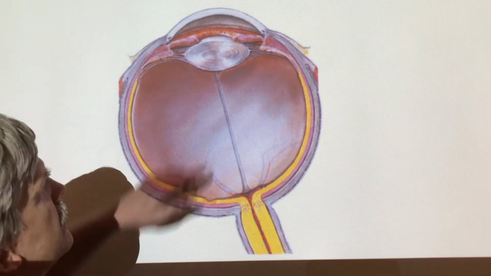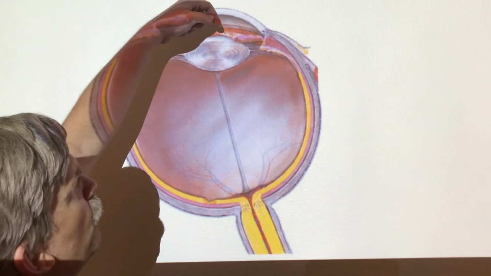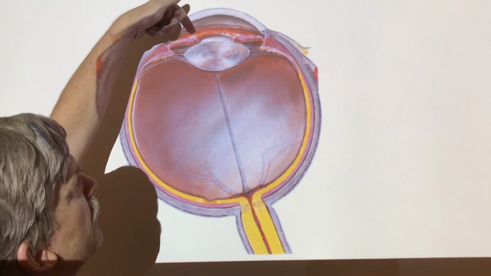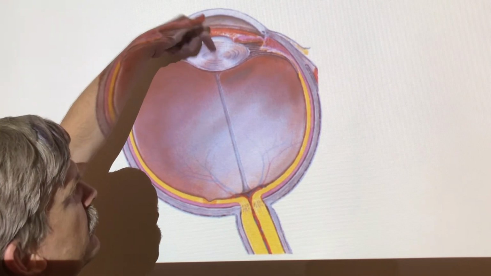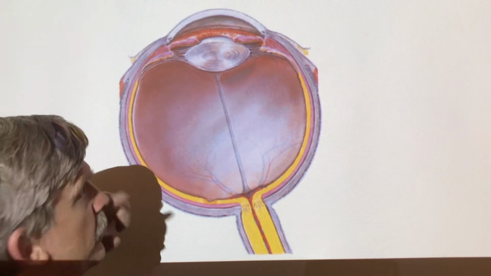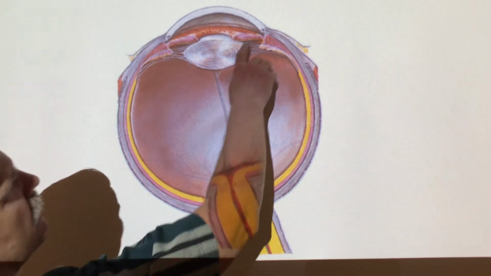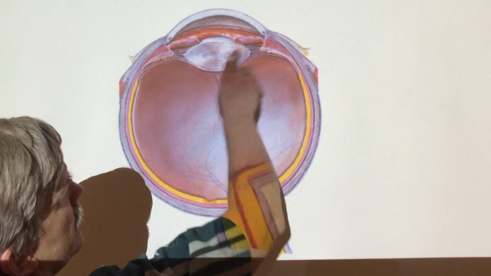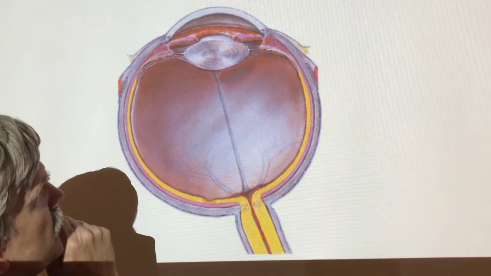Well, it's a pigmented tissue because wherever the iris is, you want it to be able to block the light so that the light is only passing through this opening of the pupil. Now, just behind the iris, you're going to have the posterior chamber that is also filled with aqueous humor.